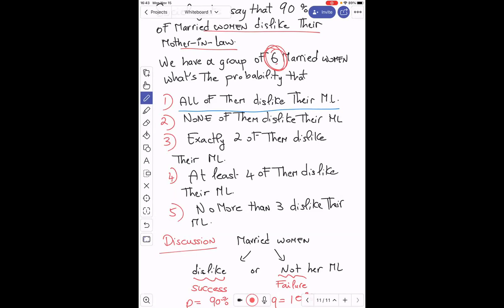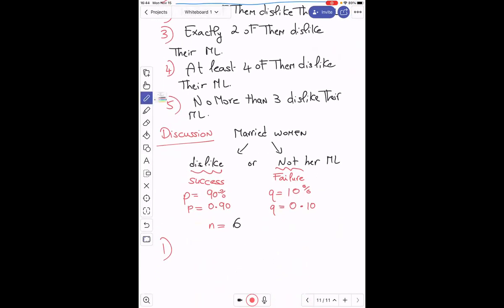We have a group of 6 married women, and we are looking for the probability that all of them dislike their mother-in-law. A success for us is when a married woman dislikes her mother-in-law. So the number of successes in the first question is 6. We are looking for the probability that R is equal to 6.